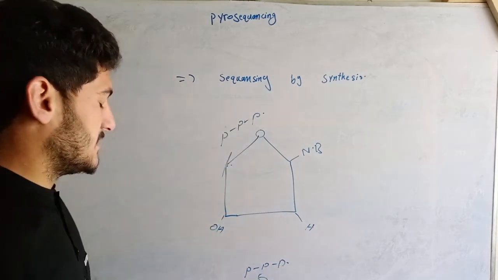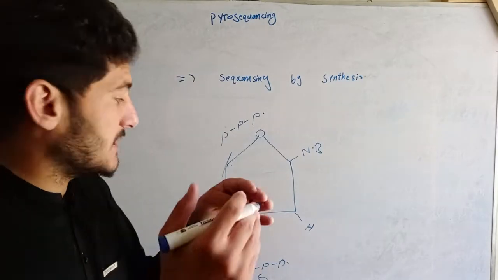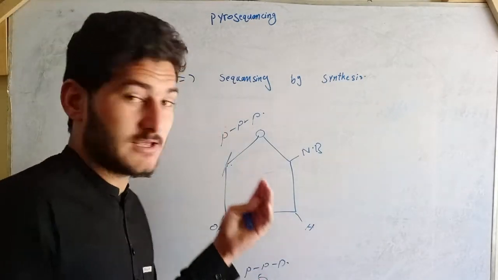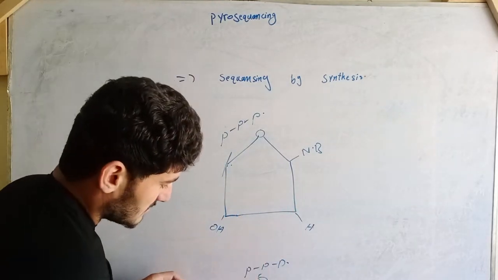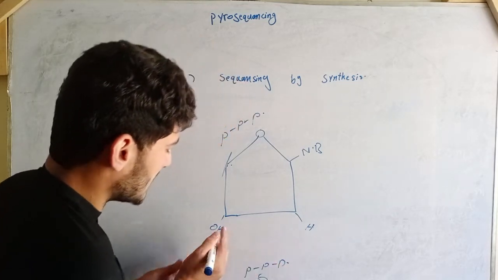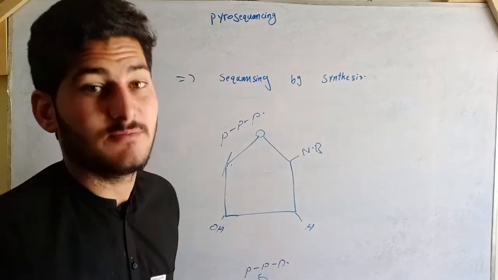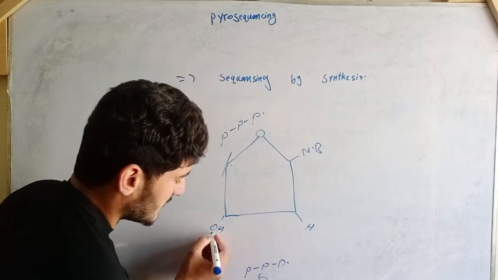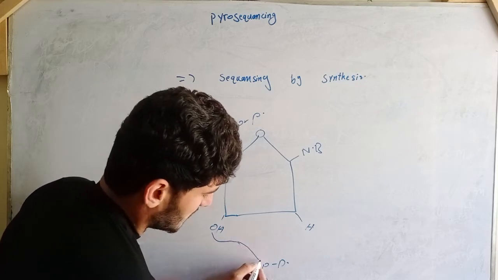So when this new nucleotide comes to attach with the previous nucleotide of DNA, in this 5 carbon the phosphate is removed, and here the hydrogen is removed, and water is eliminated from this molecule, and the oxygen makes a bond with phosphate.